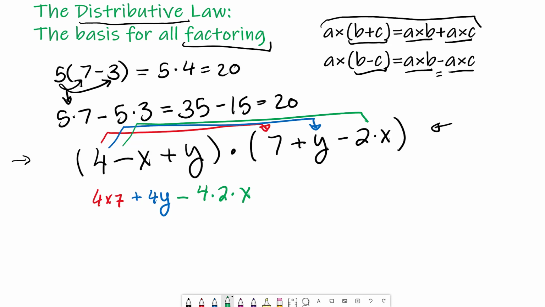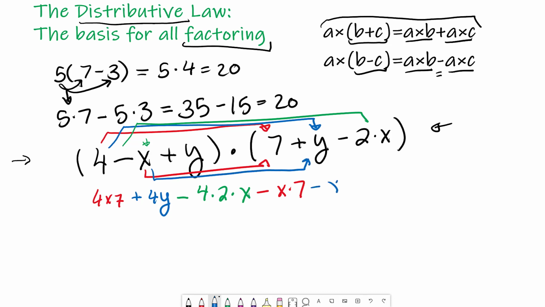Now we're going to get 3 terms also from our x here, which is the second term right here. Okay, so let's go ahead. Let's use the red again. So we have negative x times 7, so we have minus x times 7. Then we have negative x times y.